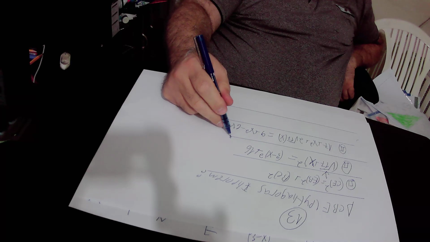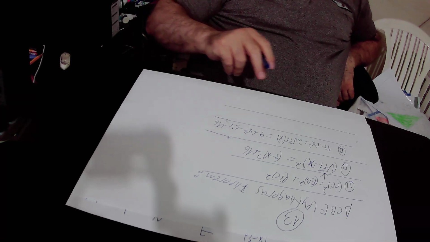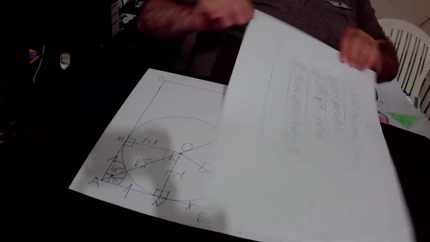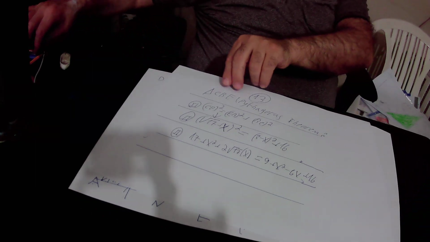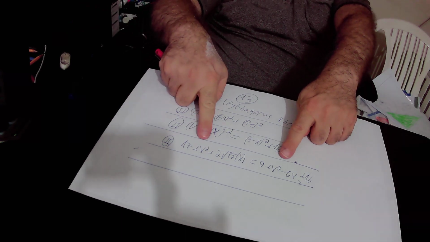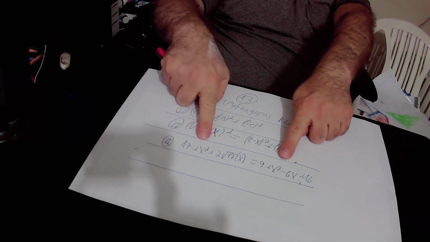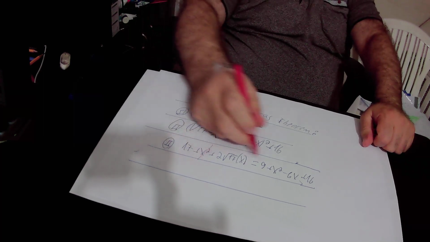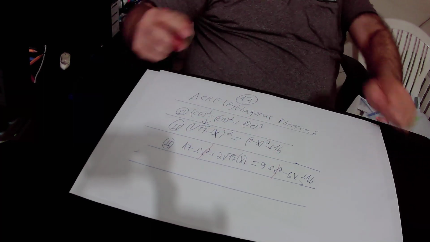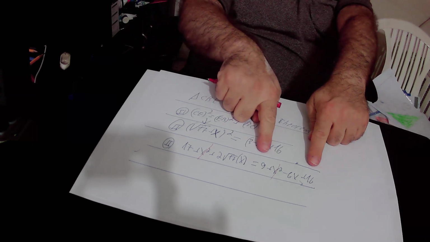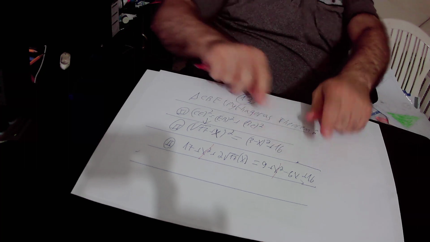Okay, so here we have x squared on both sides of equation number 2, so x squared will get cancelled. 9 plus 16 is 25, so I'll write it down.